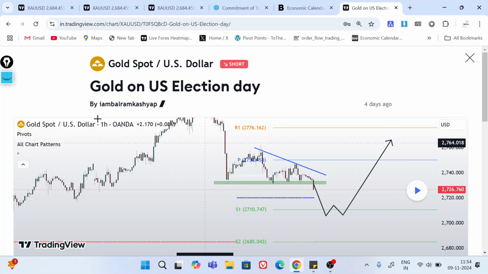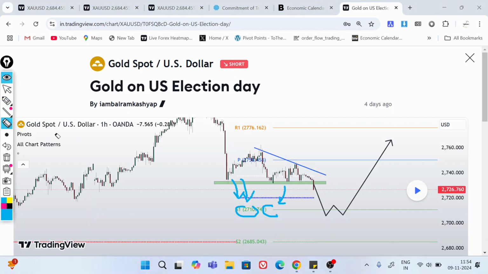I was expecting that the price can go into the downside, and I was continuously reminding you that the price can make a move to the downside.